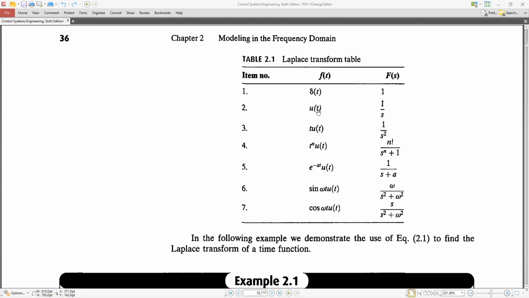This is the time domain function, and if you convert it to the frequency domain, then you will find this. That means time domain to frequency domain is the Laplace transform. Inverse Laplace transform means from the frequency domain to the time domain, the opposite one. Okay, and this kind of equations will come.